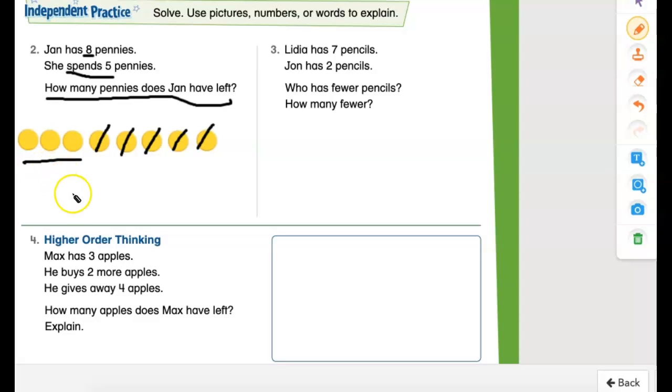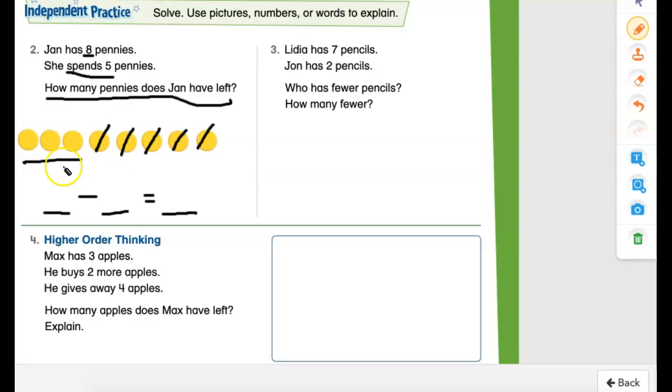So now I need to set up my equation. So I'm going to let you fill in the numbers. Equals. So we already filled out up here in our diagram. We started with 8. We took away 5 and are now left with this number. I want you to tell me what this is.